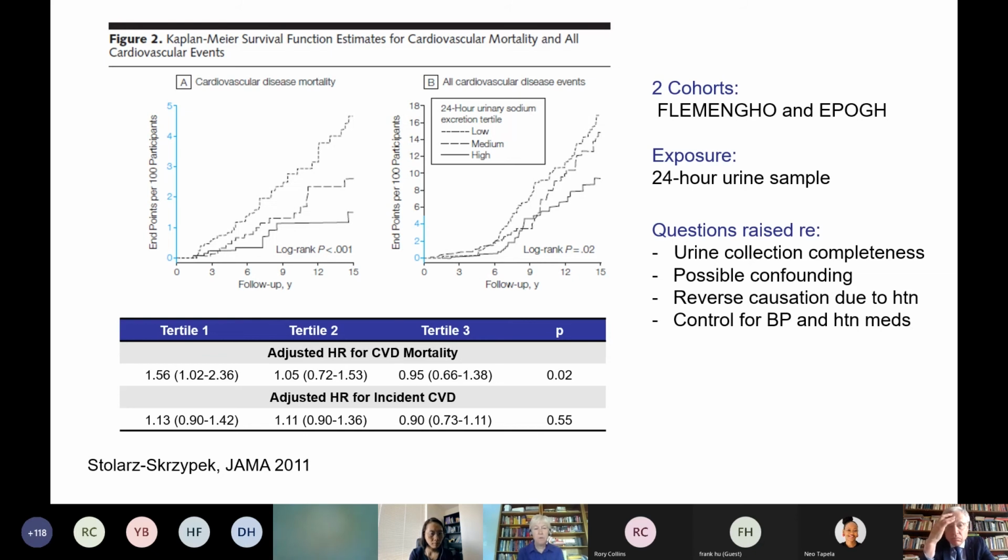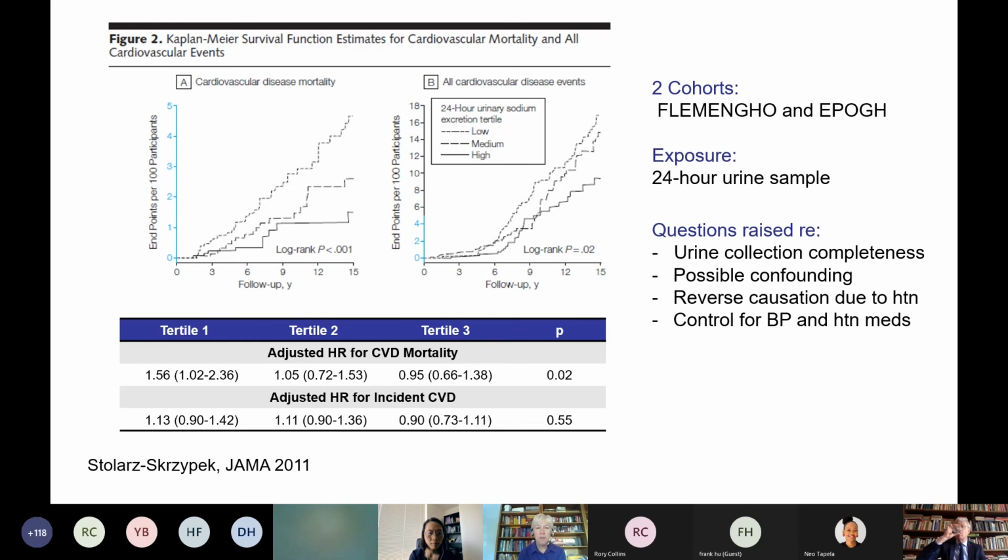However, questions were raised afterwards about the collection completeness, possible confounding, possible reverse causation due to hypertension, and also control for blood pressure and hypertension medications. What they had found was that those in the lowest tertile of this excretion had the highest rates of cardiovascular mortality. The hazard ratio was 1.56 compared to a floating average. For incident cardiovascular disease, it was 1.13, so not nearly as large.